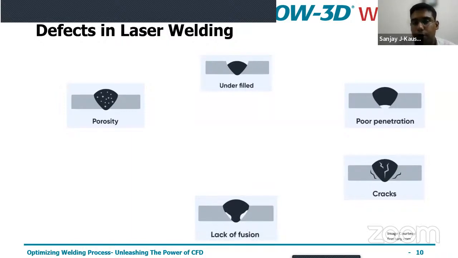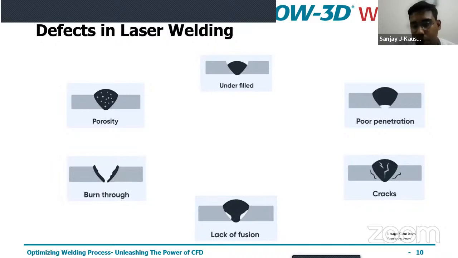When we have two different kinds of metals, let's say copper and aluminum at two ends, and we melt the gap between the two pieces, because of the lack of fusion there will be huge gaps between the welding areas, and this will also lead to poor strength in the joints, cracks, and rapid deterioration.